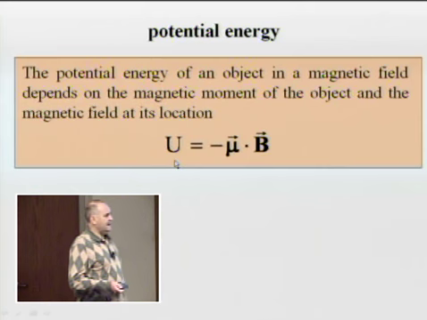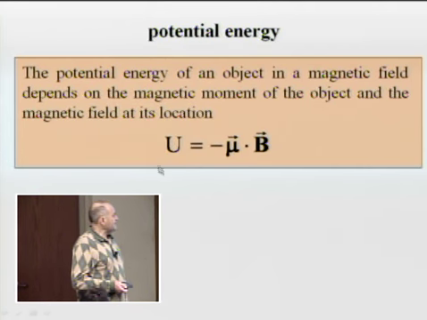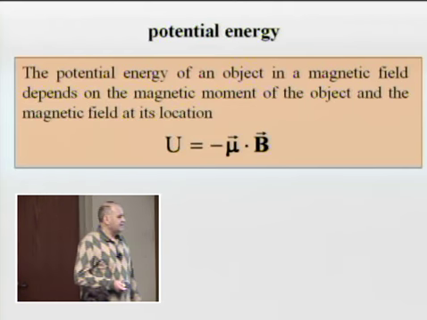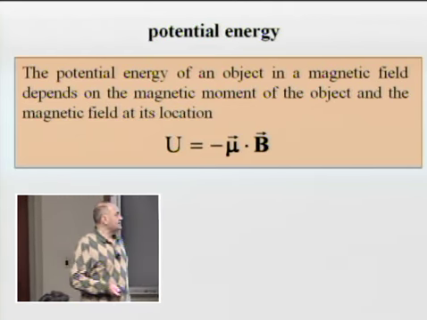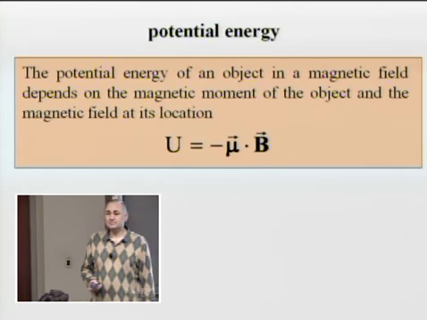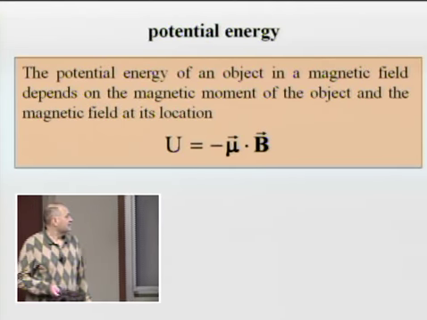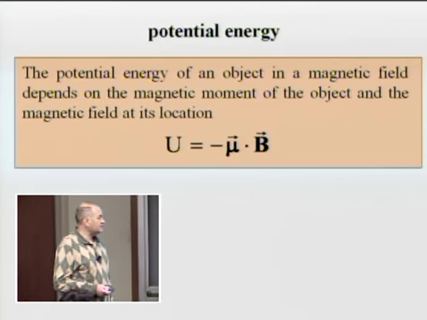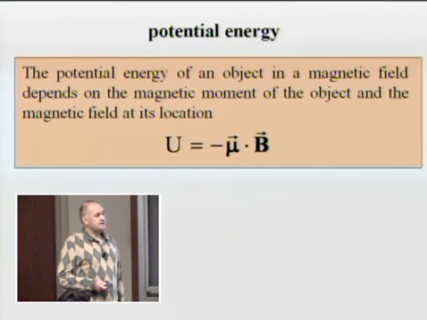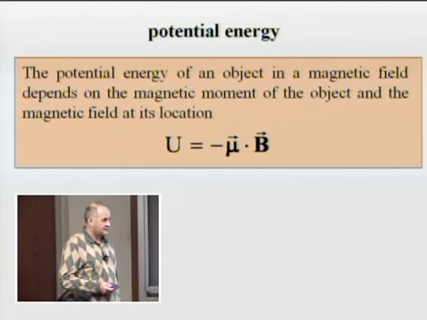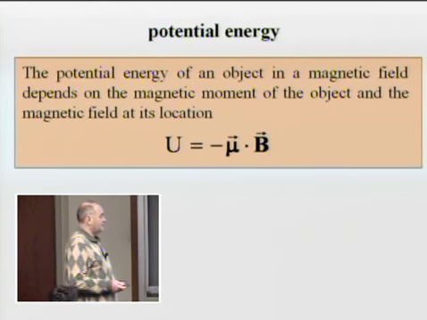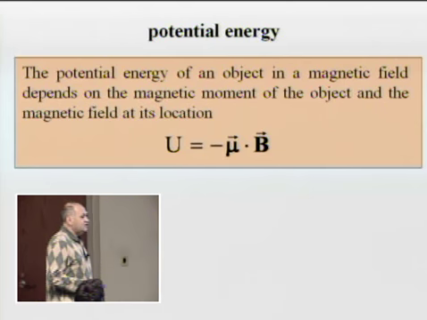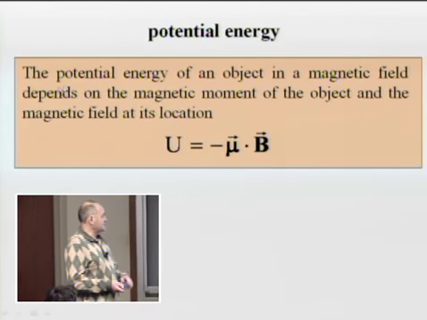In principle, I would have to see how much work is done if we move an object to a particular location. Now, this time, it is dependent. Magnetic potential energy depends not only on where the object is, but on its orientation. So if we turn the object, magnetic potential energy is going to change.